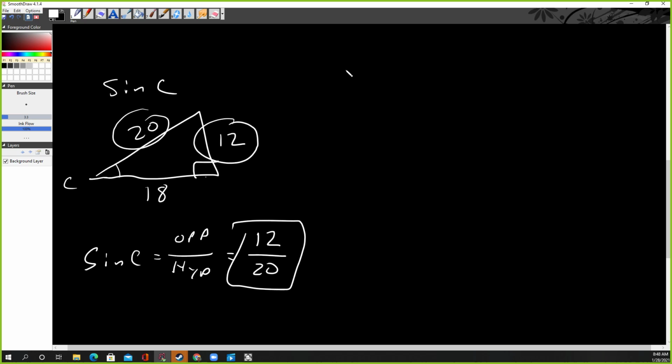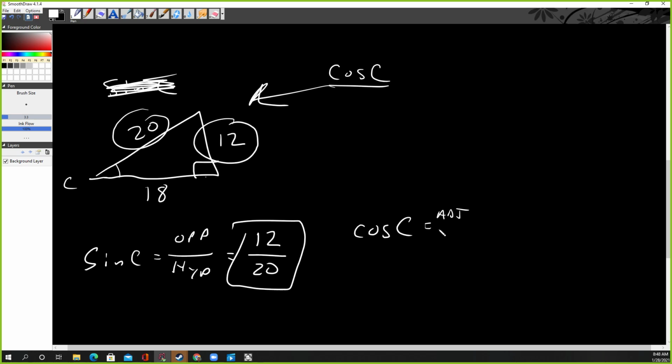So again, what if they didn't say that? What if they said find the cosine of C on this problem? Then you would go, oh, okay, cosine of C is equal to adjacent over hypotenuse.